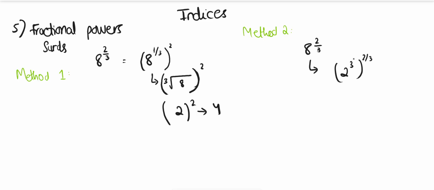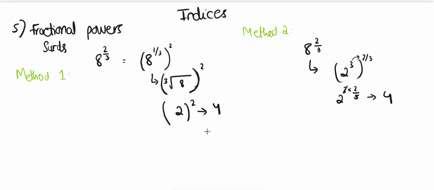Right? So now what he does is that he multiplies the power within by the power which is out. So 2 raised to the power 3 multiplied by 2 by 3, powers of 3 cancel out, and this is going to be 2 raised to the power 2, which is 4. So are we getting the same answer? We are, right? We absolutely are. Great.